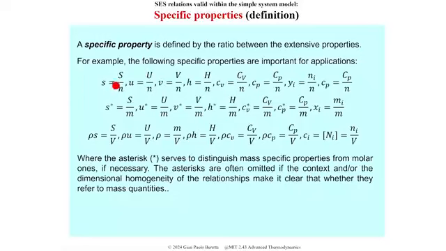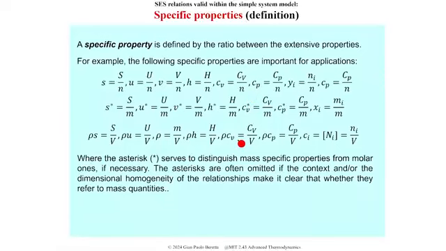So these are the molar specific properties because I divide by N. Or I could have the mass specific properties when I divide by M. Or I could have the volume specific properties when I divide by V. For example, the mass divided by the volume is the density. Of course, they are related between one another.